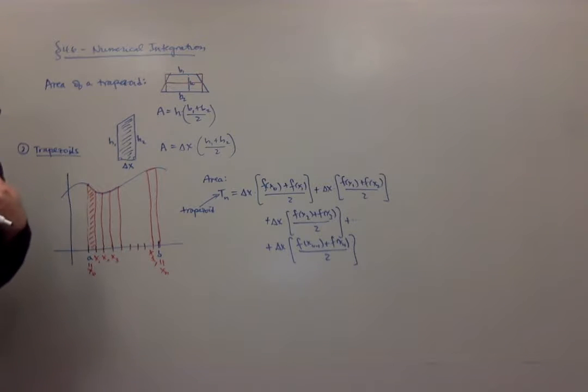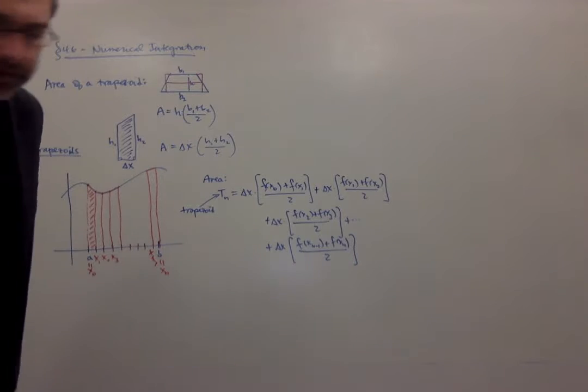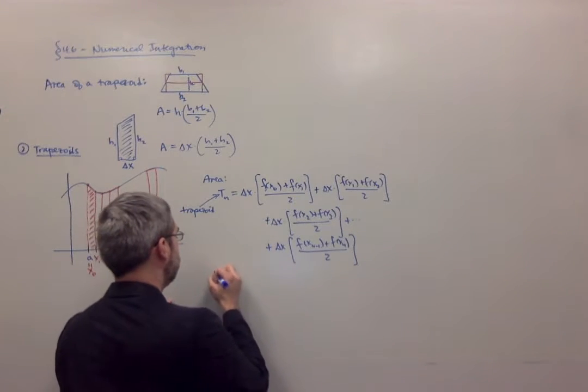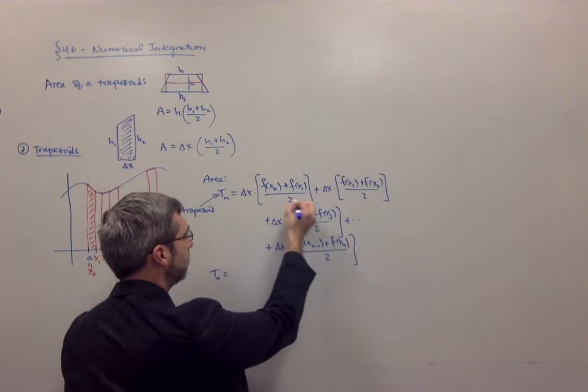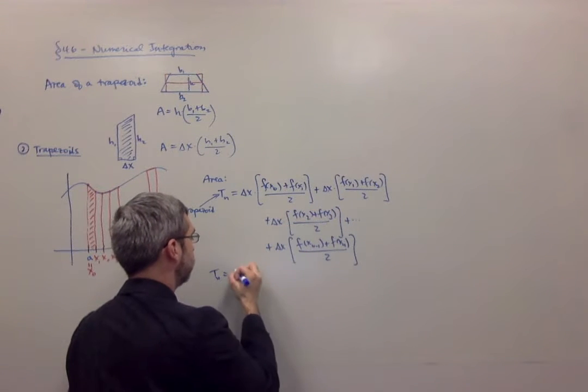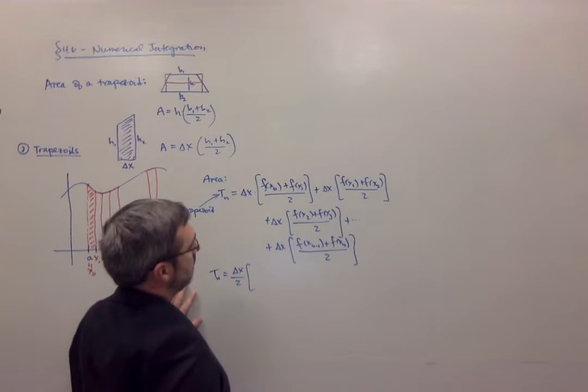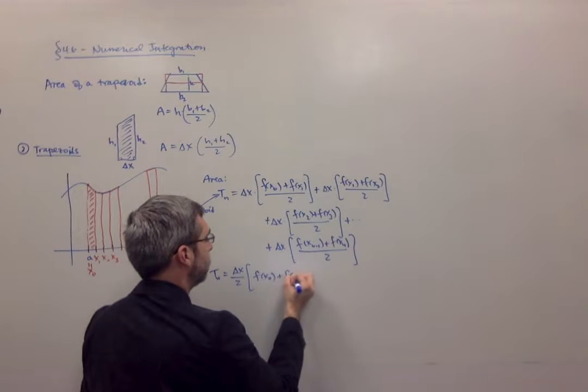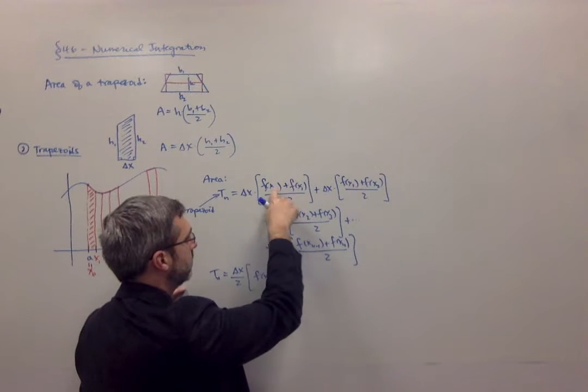So to get a formula for this now, to clean it up just a little bit, notice everything has a delta x in it and an over 2 in everything. So I'm going to pull the delta x and the over 2 out. And what's left here is f of x sub 0 plus f of x sub 1. That's those two things left over.